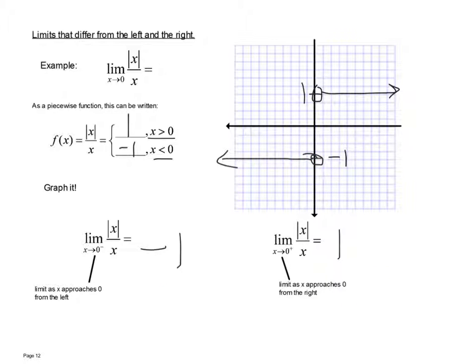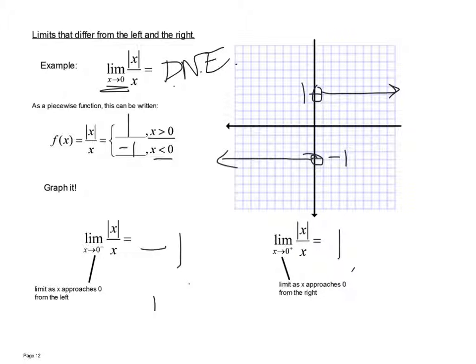From one direction, it's -1, and from the other direction, it's +1. I can talk about my left-hand limit, and I can talk about my right-hand limit. They don't agree, so the limit overall does not exist. So in other words, the limit as x goes to 0 up here at the top does not exist. Why? Because my limits do not agree from both directions.